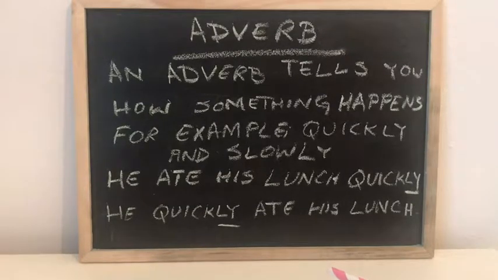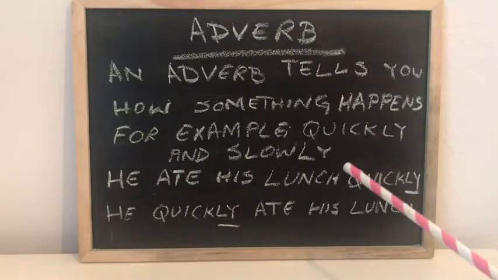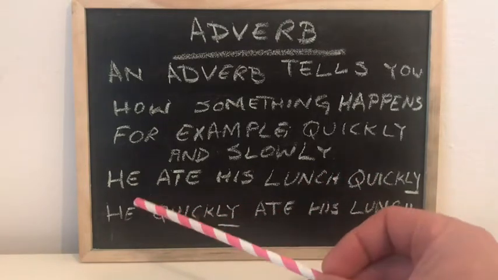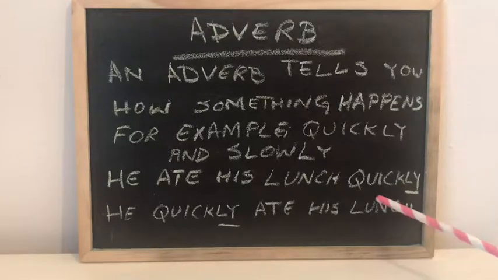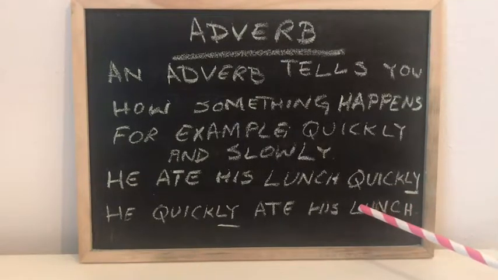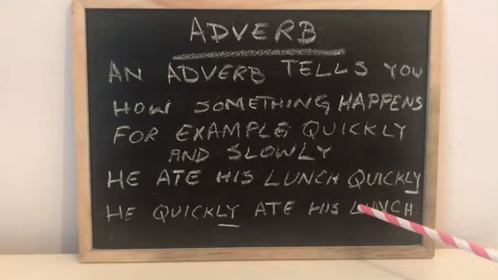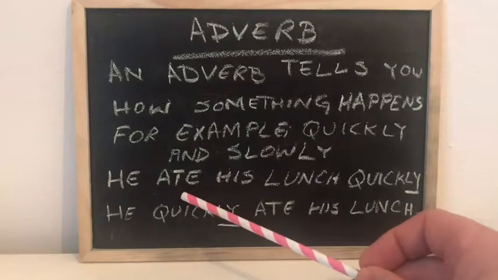An adverb tells you how something happens, like quickly, slowly. In this example, he ate his lunch quickly. Quickly is an adverb. Adverbs can come before or after a verb.